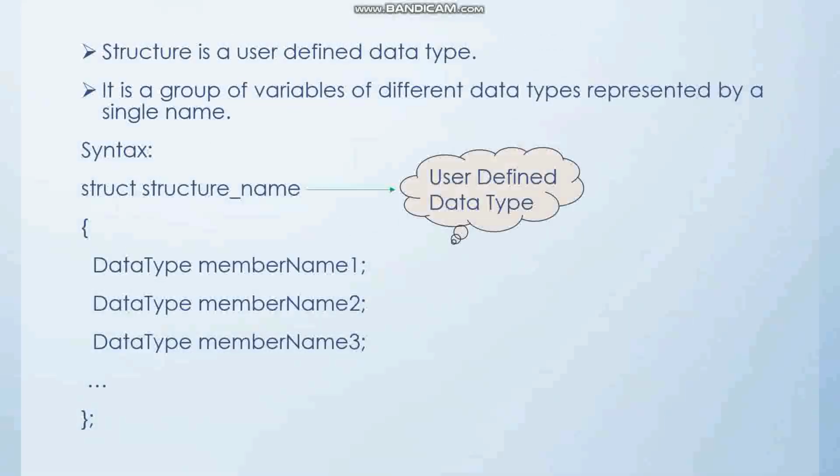So we can say that structure is a user defined data type. We will cover it in detail in the coming slides. So the syntax is first we will write the struct keyword, then I will give the name to this structure, and then variables of different data types are enclosed within the curly brackets, and then I will put a semicolon after the closing curly bracket.